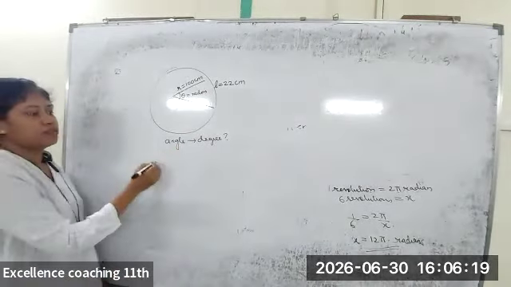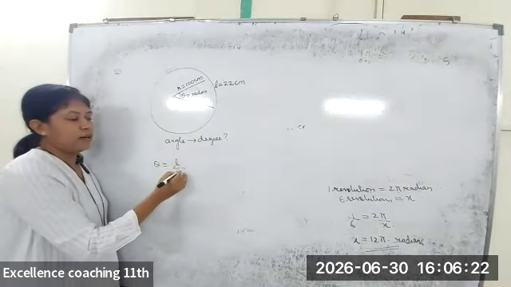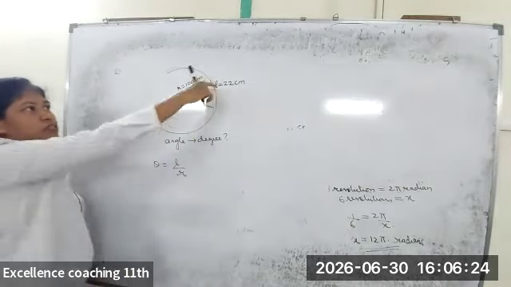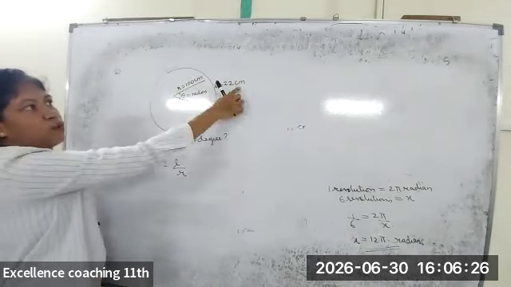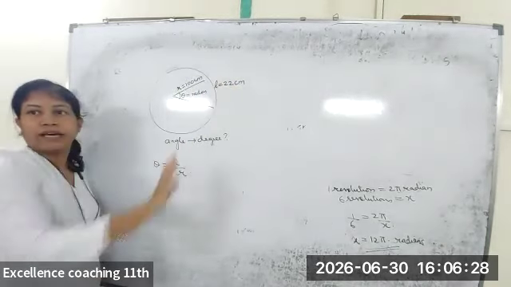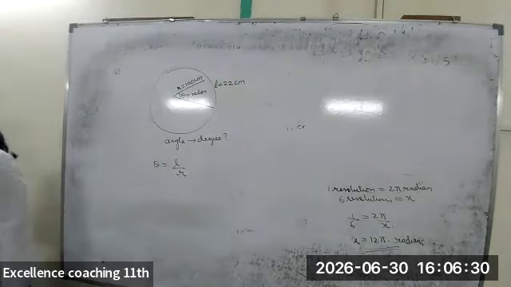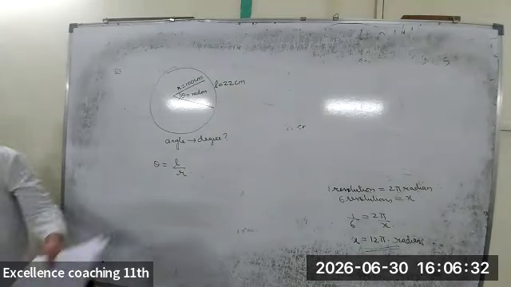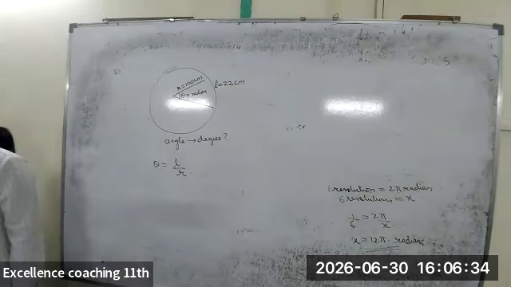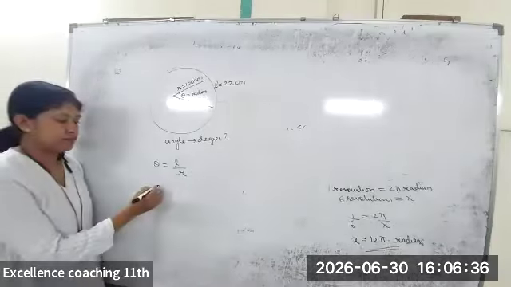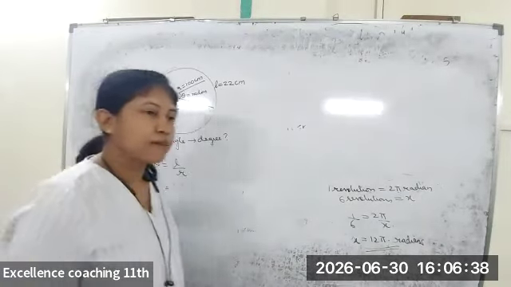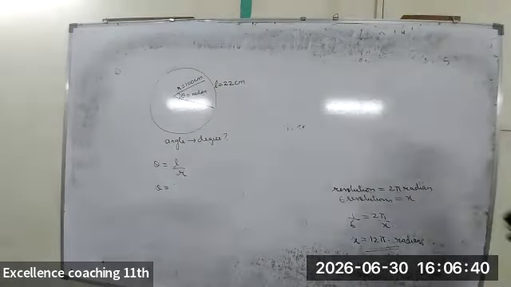So which is that formula? Use that. Theta is L upon R. Just directly. So check, both are centimeters, so you can take directly now. If units were different, you have to first convert into the same unit. So 22 upon 100 you do. If it is asked in terms of radians, then leave the answer as it is.